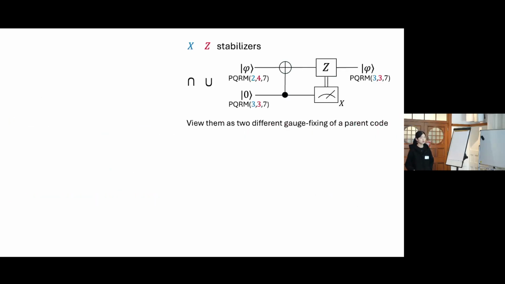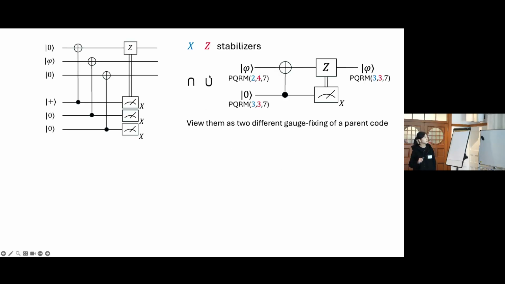And I want to give you an alternative interpretation of this using teleportation. The idea is to view these two codes as two different gauge fixings of a common parent code. So this common parent code encodes many logical qubits. But because of this X and Z stabilizer containment relationship, you can view it as if some of the extra logicals are set to the 0 logical state. And here you have, for example, some extra X stabilizers, so things like this.